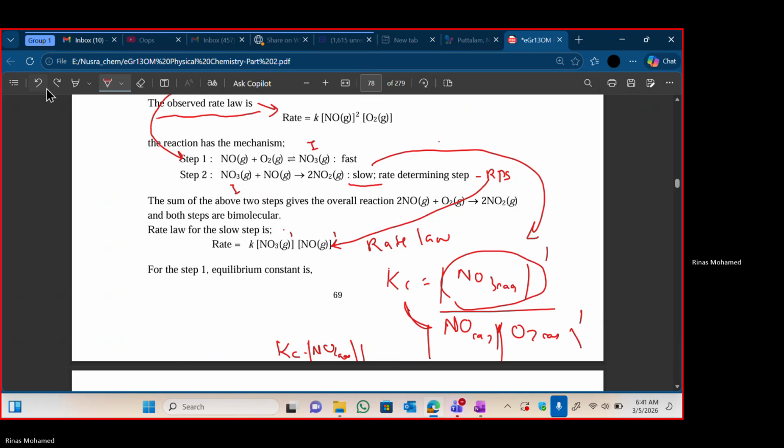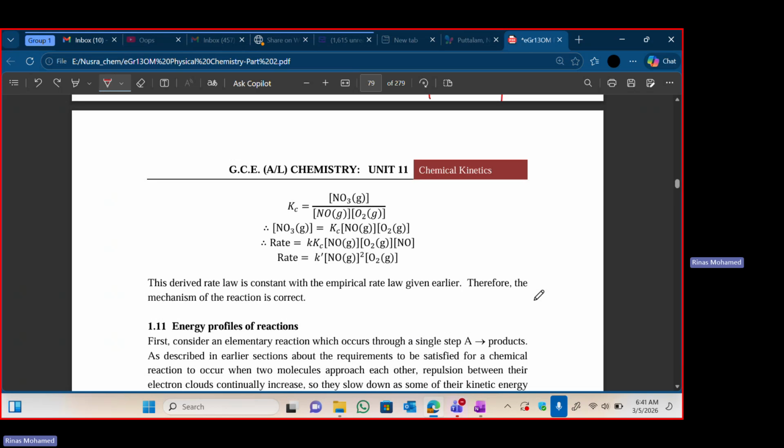When pre-equilibrium cases exist, you can derive equations. You see, so they have derived an equation finally for the rate.